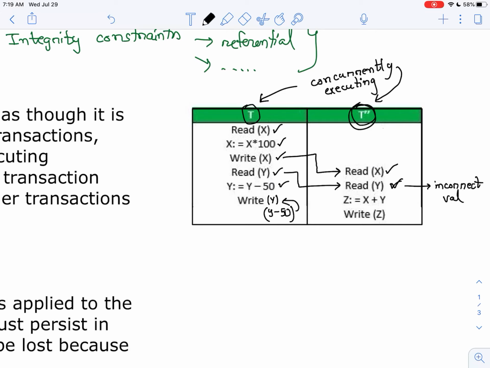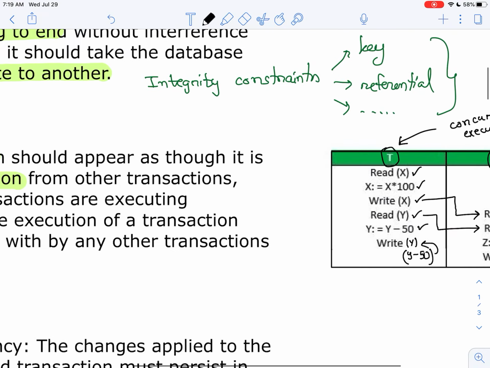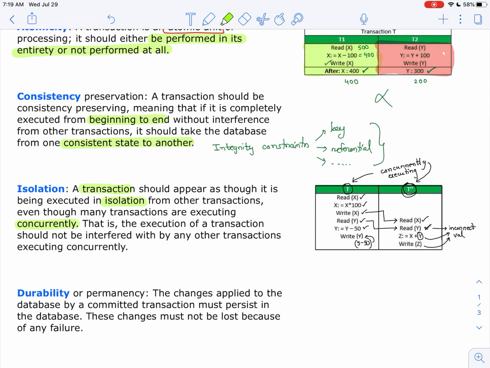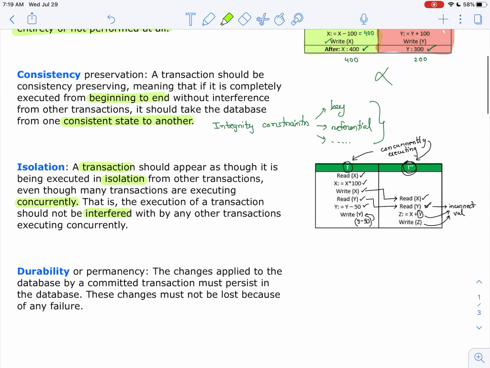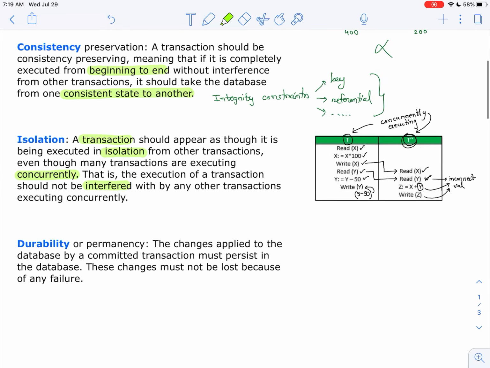As a result, the calculation involving y is going to be incorrect as well, and it's going to end up writing an incorrect value. The isolation property states that even though you may have multiple transactions occurring at the same time, there should not be any interference. The execution of a transaction should not be interfered with by any other transactions executing concurrently. This sort of inaccuracy should not happen.